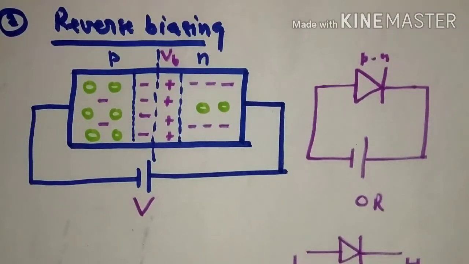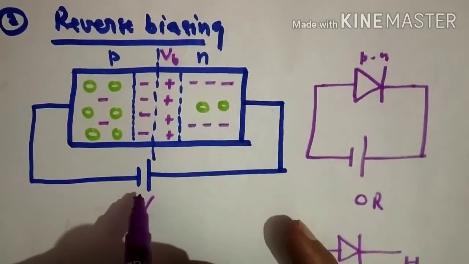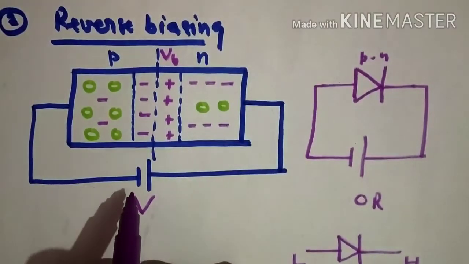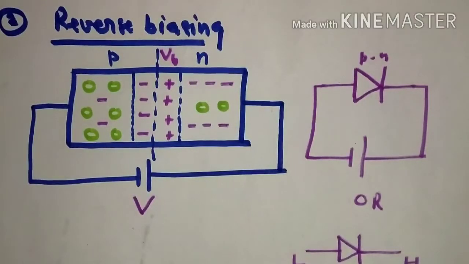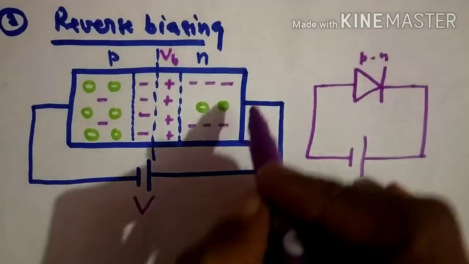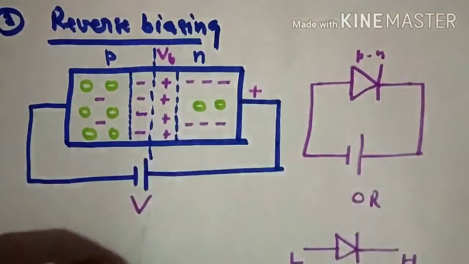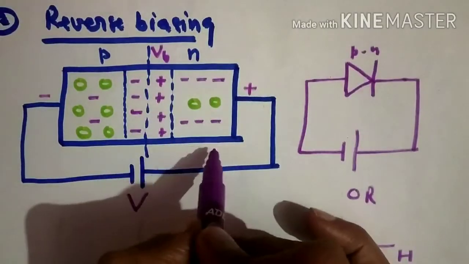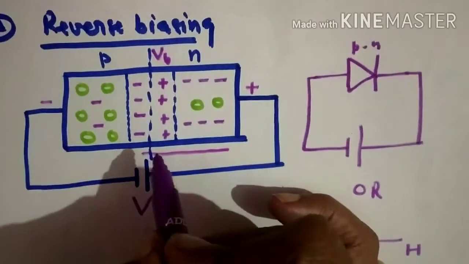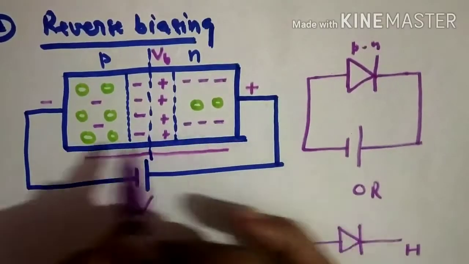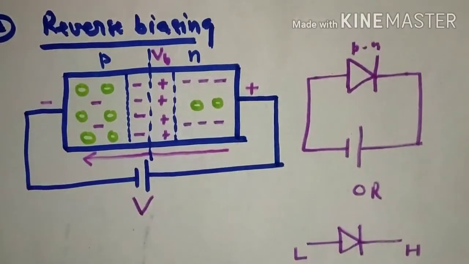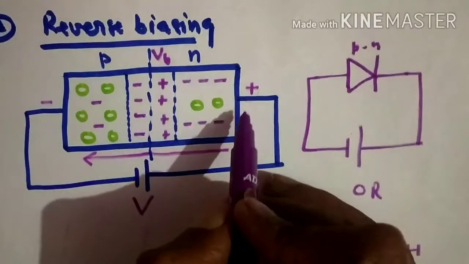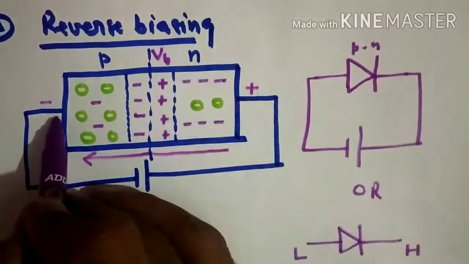So let's start here. When we reverse the direction of the potential difference, this terminal receives the positive polarity and this terminal receives the negative polarity. As a result, this potential difference falls from this direction to this direction, because the external electric field is applied in this direction.